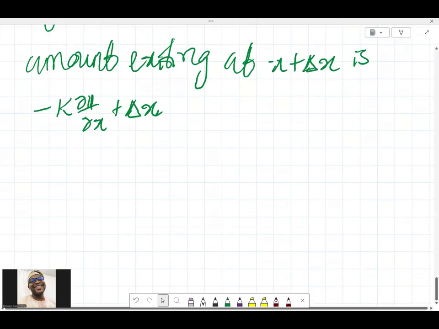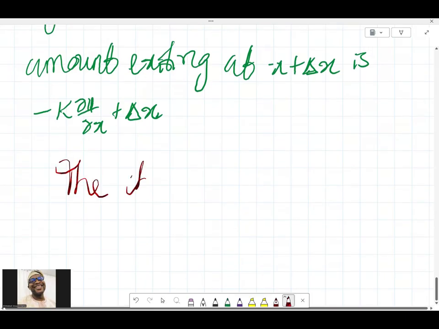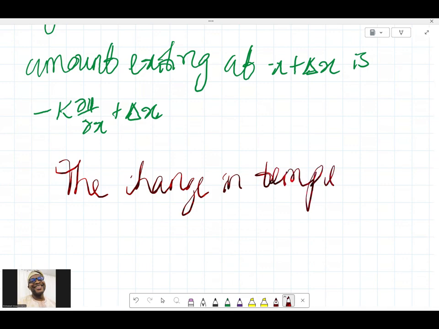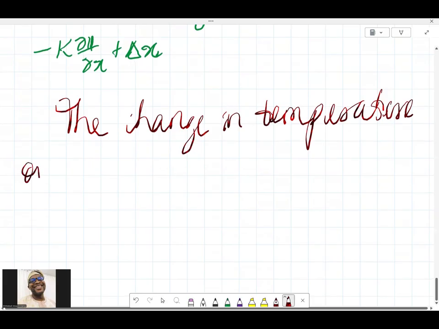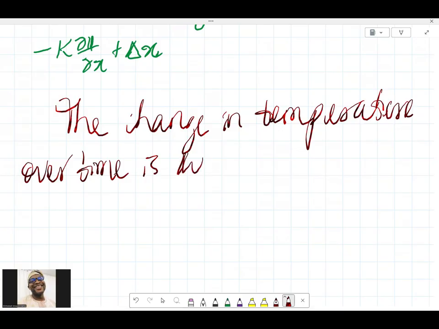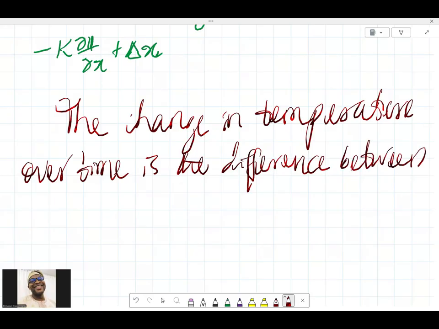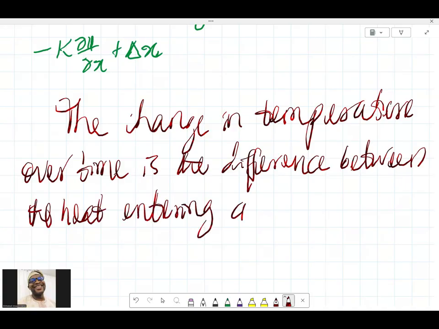Now the change in temperature over time is the difference between the heat entering and leaving the segment.